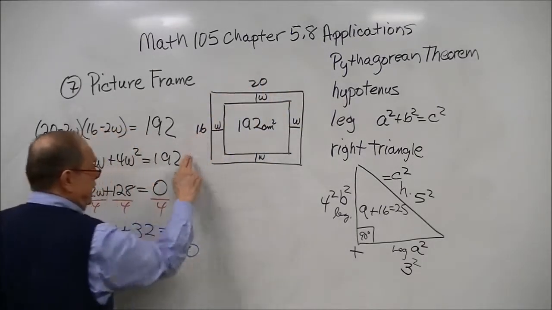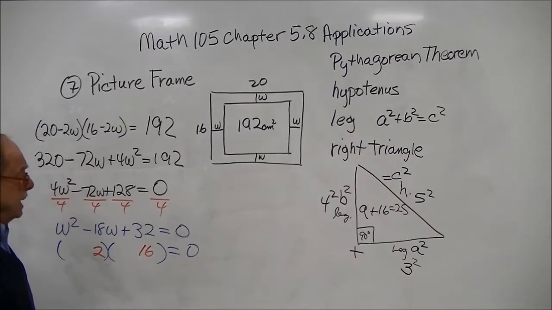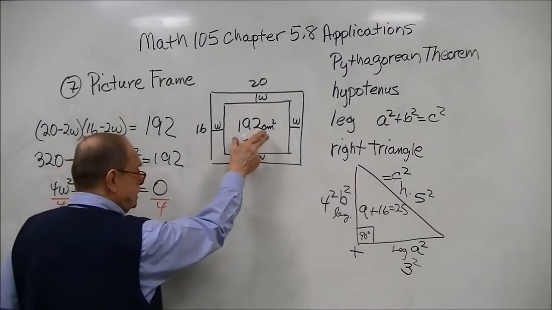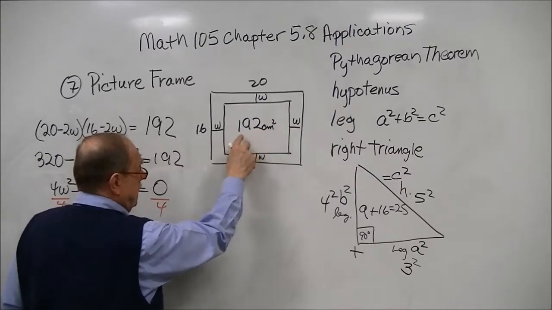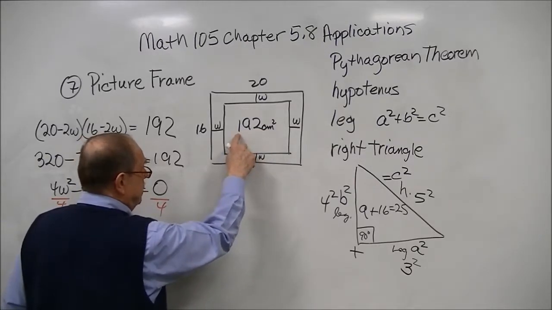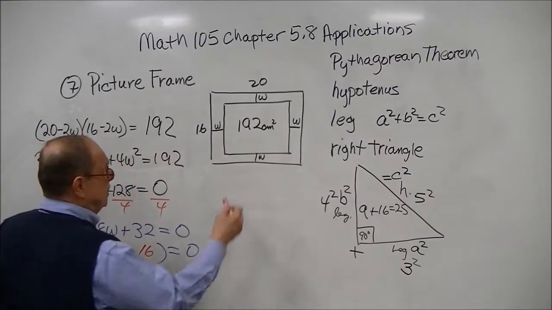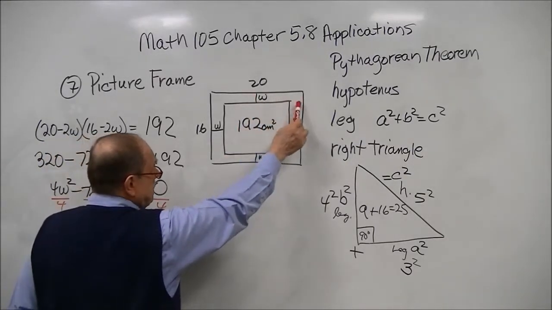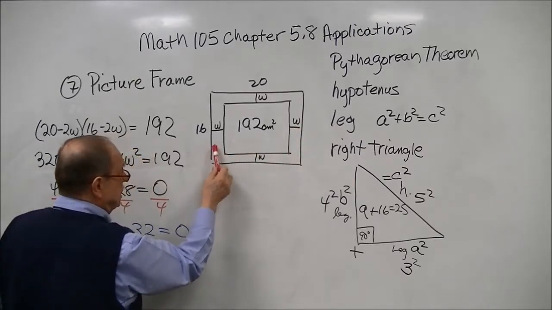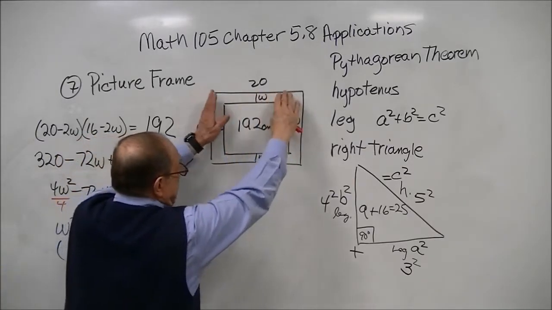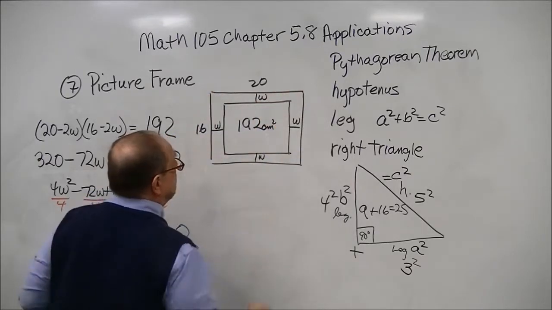So I put that there. It said now within that picture frame was a picture that had the area of 192 square centimeters. But there was like a little margin around the outside. That is like a little mat that they had.